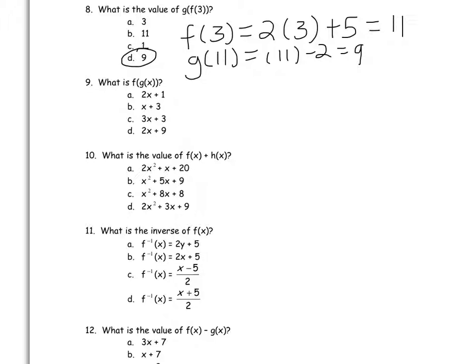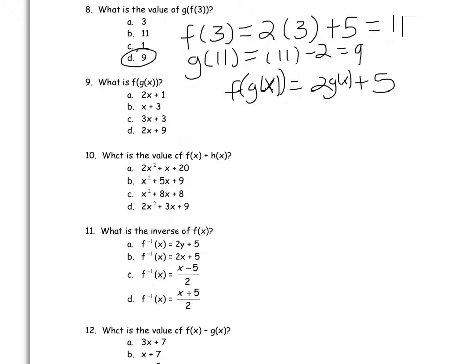Well, that means first I'm going to write down what f of x is. It's 2x plus 5. But the question isn't asking me what is f of x, it's asking me what is f of g of x. So that means everywhere that I see an x, I'm going to replace that x with g of x.